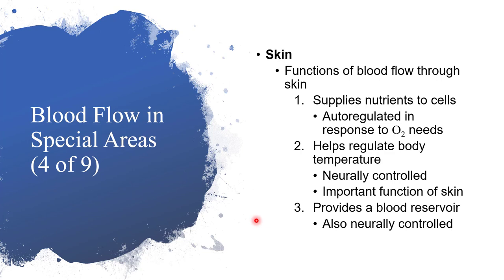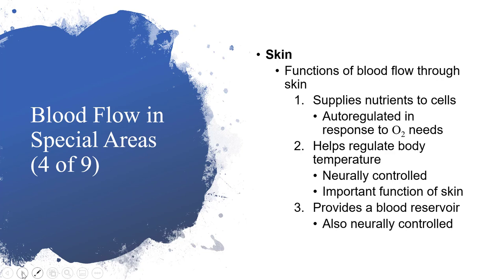The skin is a blood reservoir and is also neurally controlled. So if we want blood, the prime source of blood, besides of course the venous reservoir, will be the skin. If we need to increase blood flow into other organs, for instance the skeletal muscles during our sympathetic response, when you are so scared, people tell you, hey, you look pale.